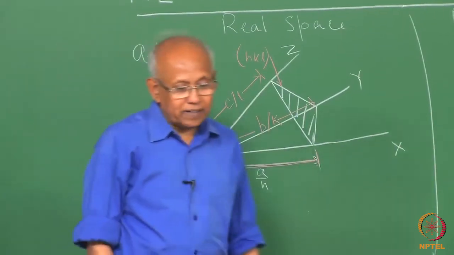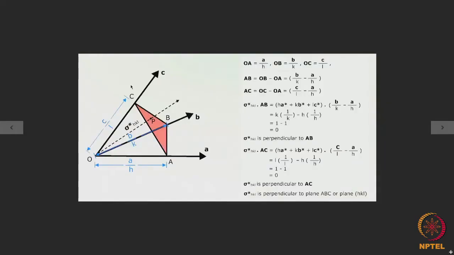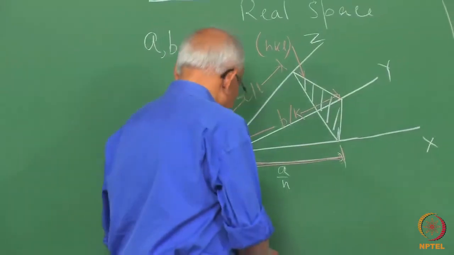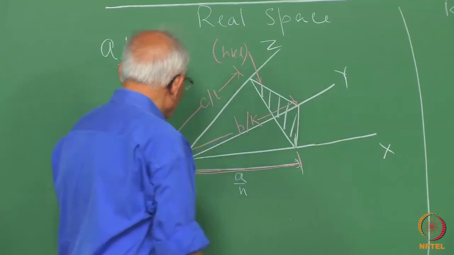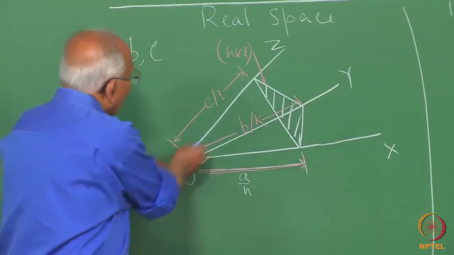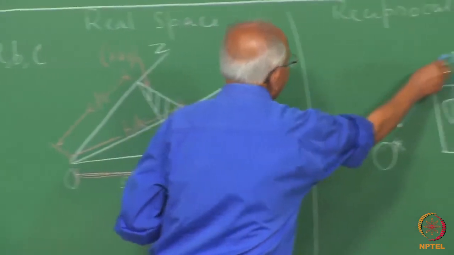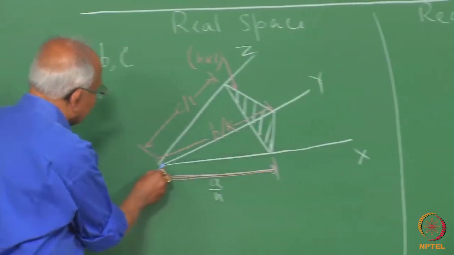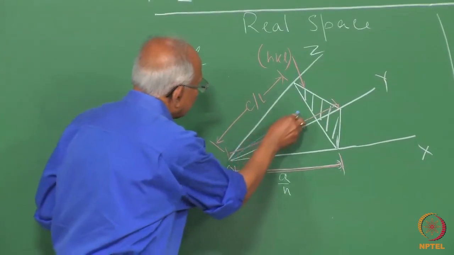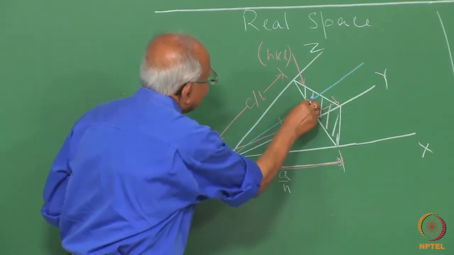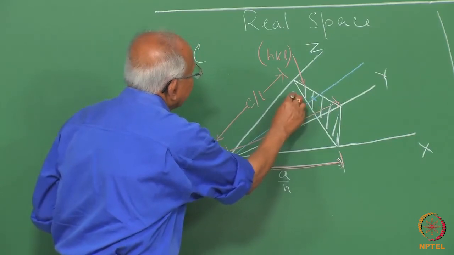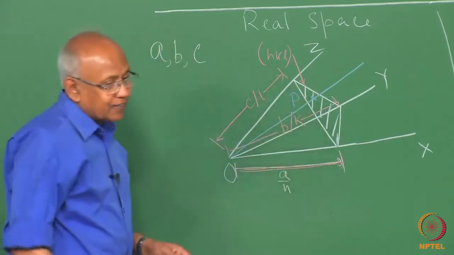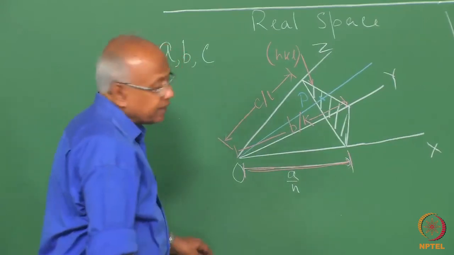So, what we do over here, from the origin of the real lattice, we draw a line parallel to sigma star HKL in the reciprocal lattice. Suppose it cuts the HKL plane at the point P.